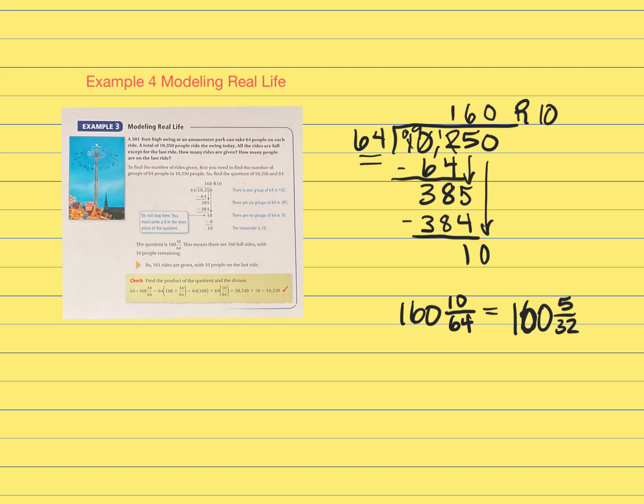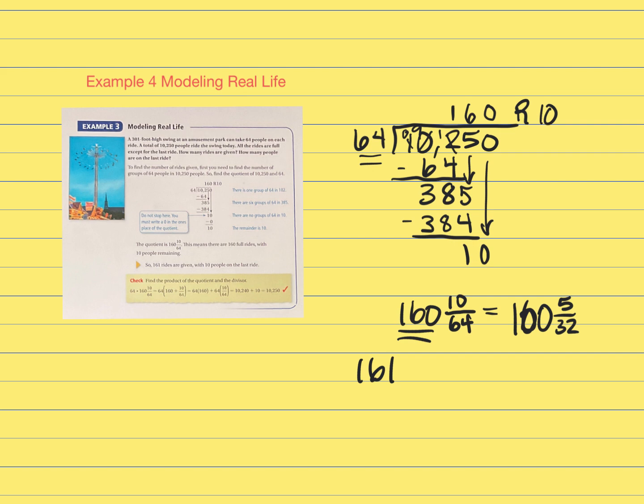Now, I have to go back and reread what that question says. It says, how many rides are given? How many people are on the last ride? So we can say that it wouldn't be 160, but 161 rides were given because the actual ride went 161 times. However, on the last ride, there were only how many people?